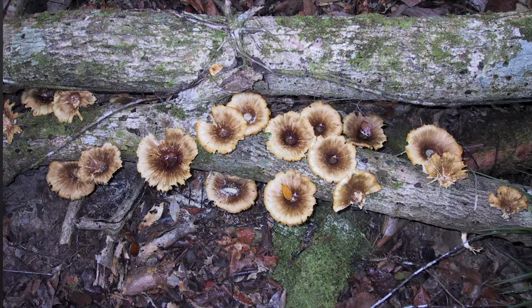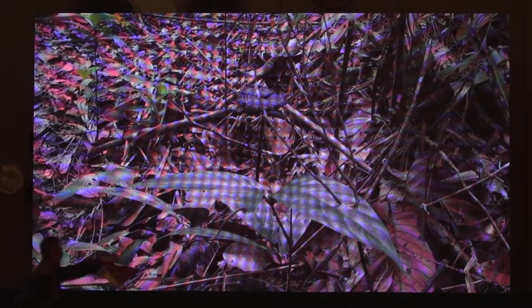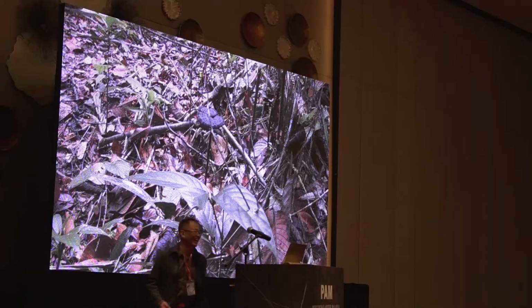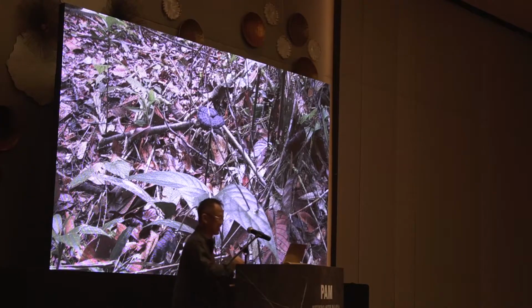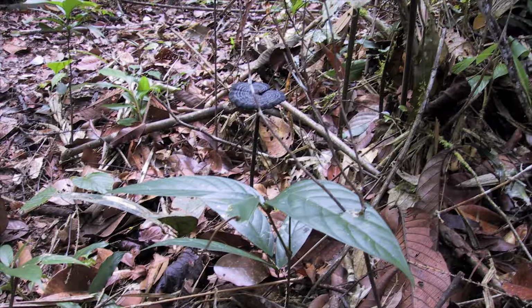As you trek into the jungle, you see things right in front of you. Mushrooms. But you notice there is something here. That's a leech. Yes, they suck your blood. That's why we have those uniforms when you go in.